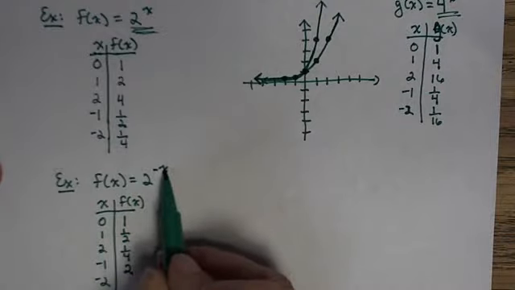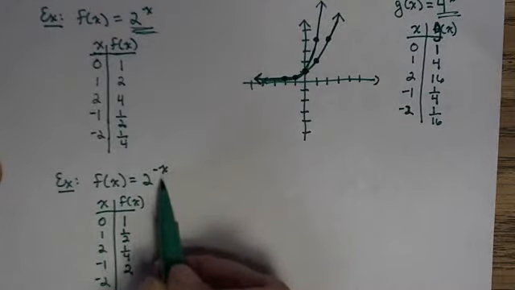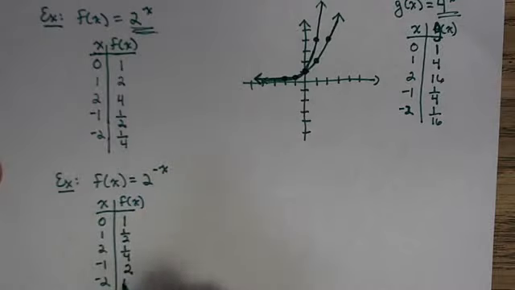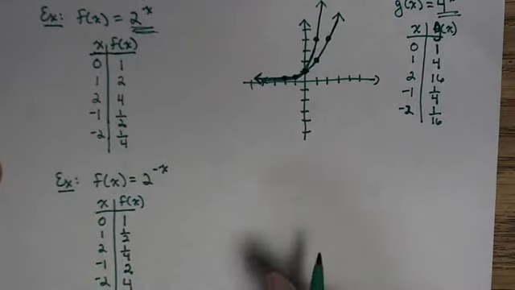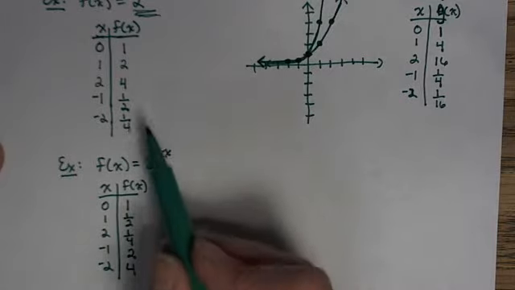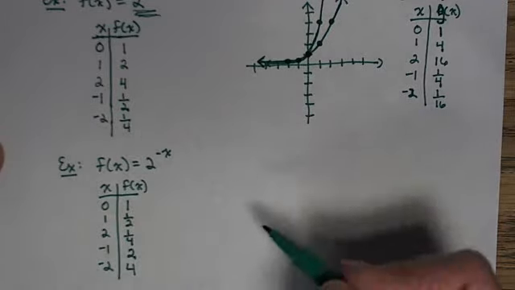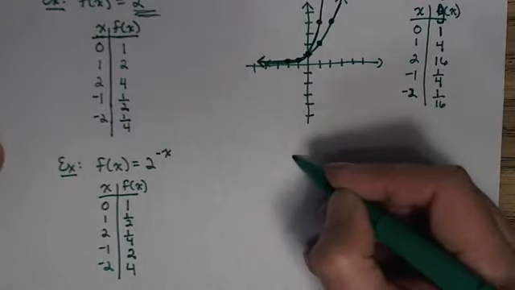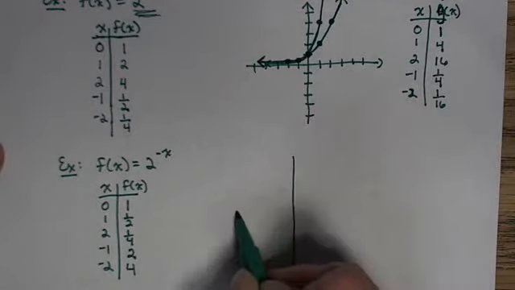And 2 to the opposite of negative 2 would give me 2 squared, which is 4. So notice the relationship you can see here between these two tables of values. You'll notice some things have interchanged. So let's compare the graphs here.